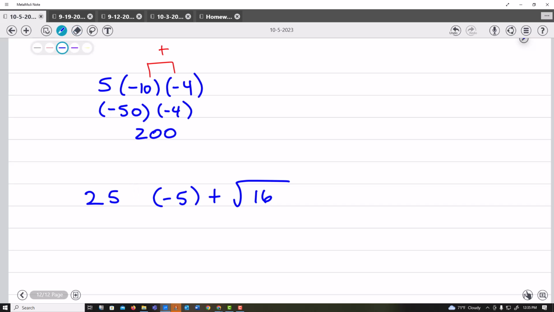So that is division. So I'm working from left to right. I think -5 will go into 25, -5 times. And I believe the square root of 16 is 4, because 4 times 4 is 16. And thus I get -1.